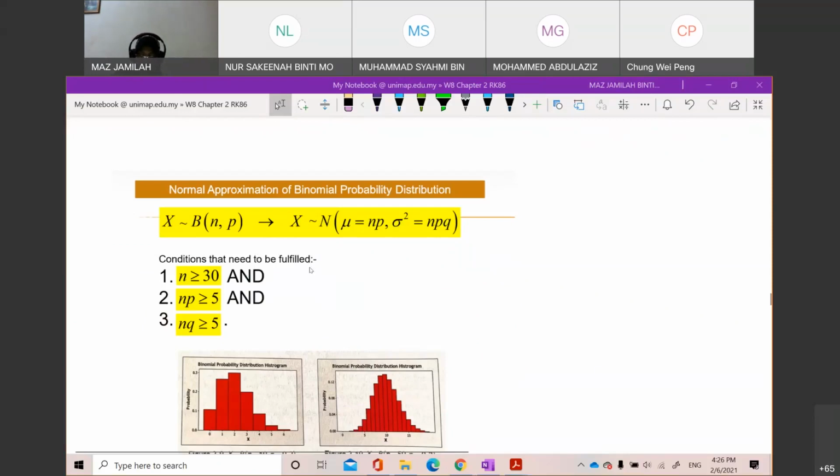Last time, when you have your X following binomial with n and p, you can approximate this to become Poisson, whereby your lambda is obtained by np, right? Am I right, class? All right, class.